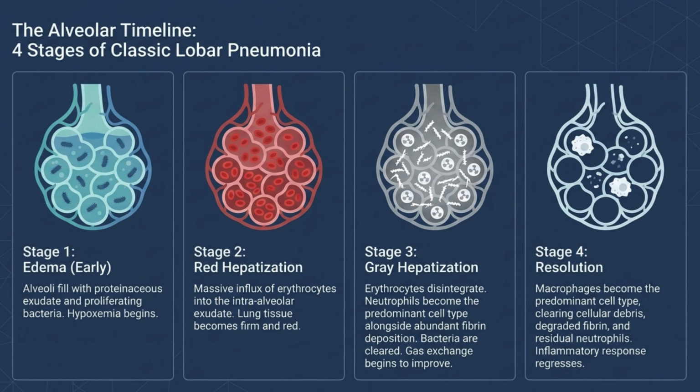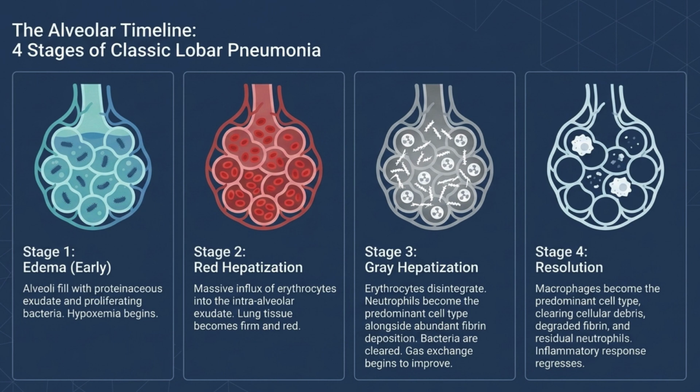During red hepatization, massive influx of erythrocytes and neutrophils occurs. The lung tissue becomes firm and red, resembling the liver. After that, we have the gray hepatization, when erythrocytes disintegrate, leaving a fibrinopurulent exudate.